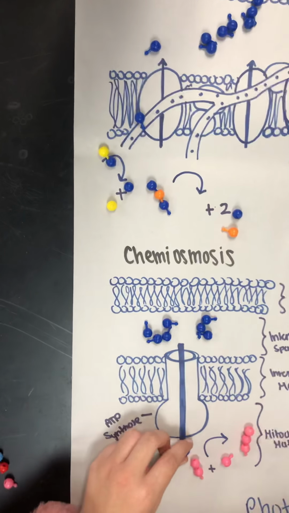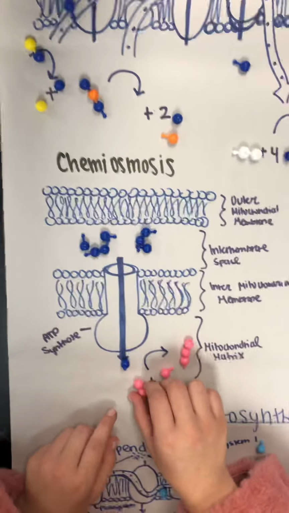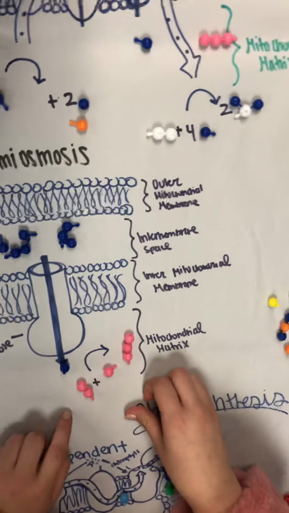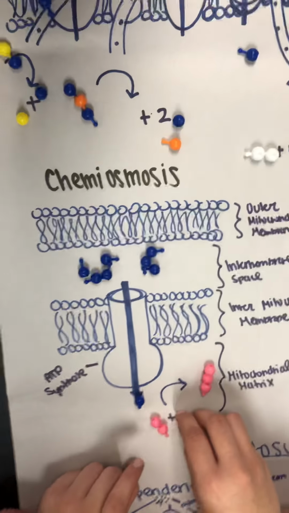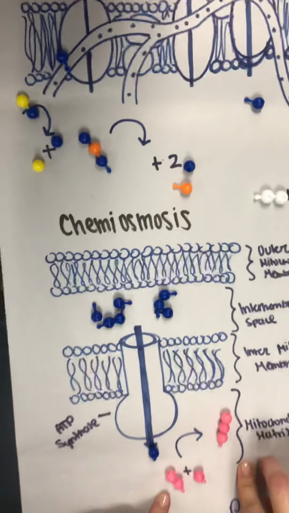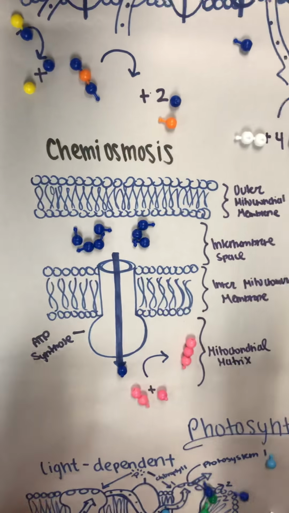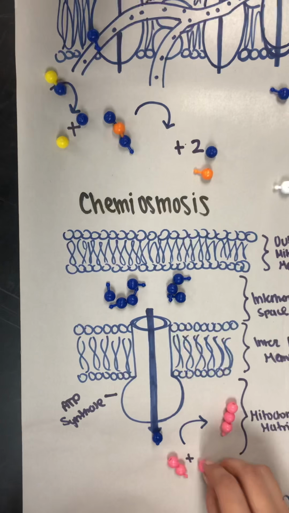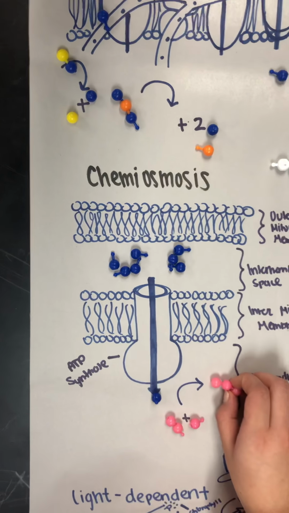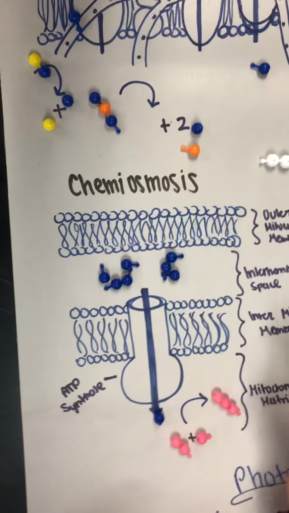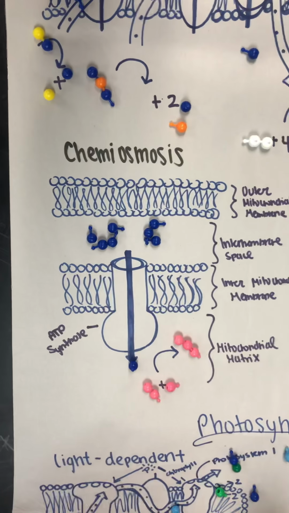You start off with an ADP and a phosphate, and it produces one ATP from the ADP and the phosphate group in the mitochondrial matrix.